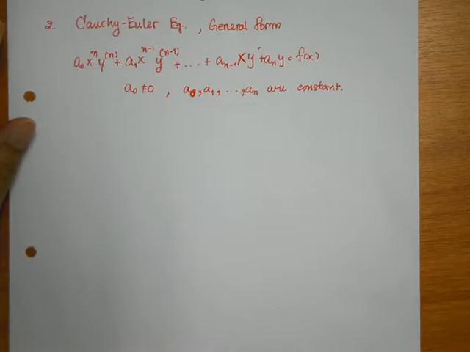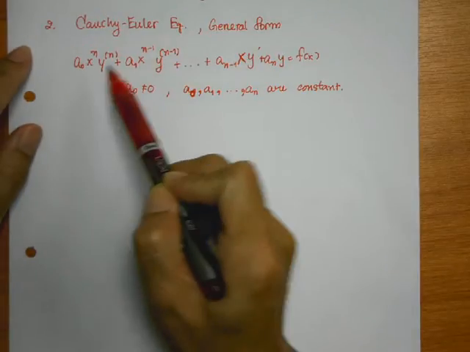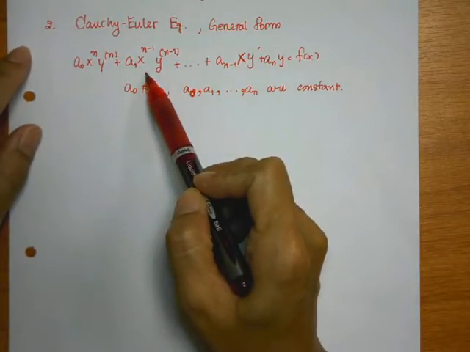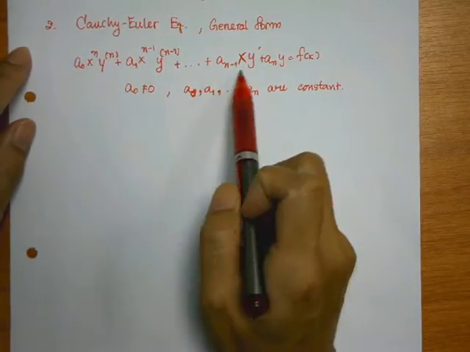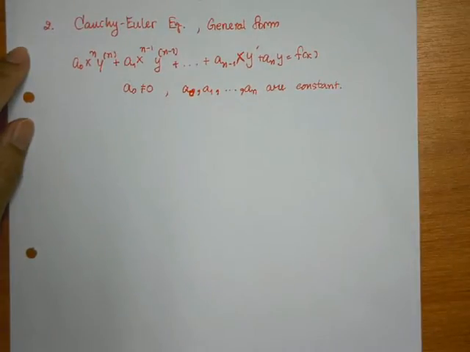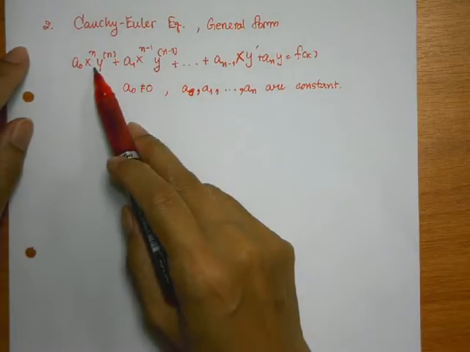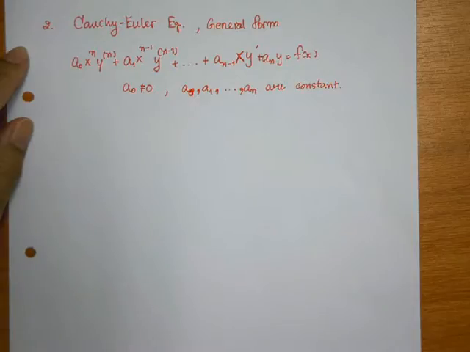Now, in order to find the solution of this type of equation, as you see, the coefficient itself is not a constant. Of course, a0, a1 until an are constants, but each term has x to the power something times the derivative of y.